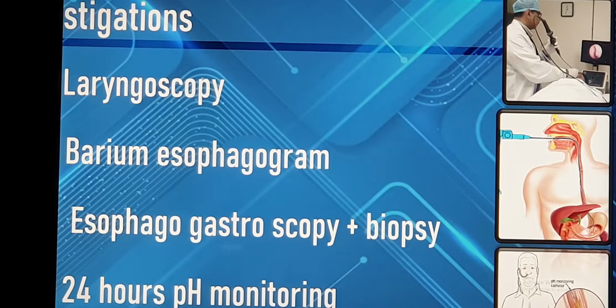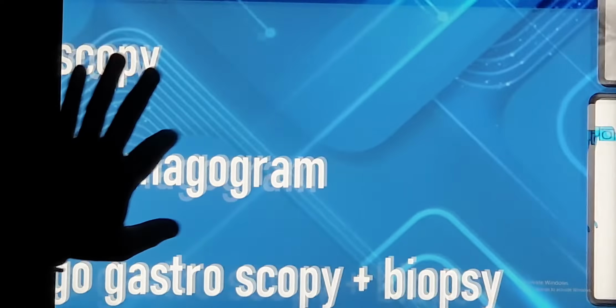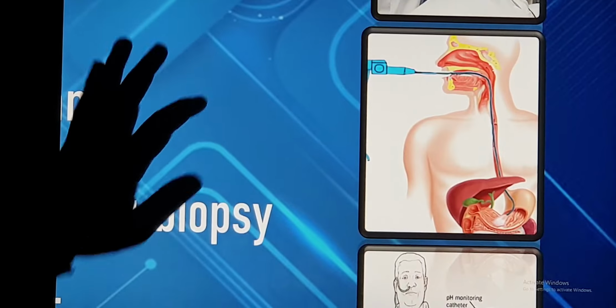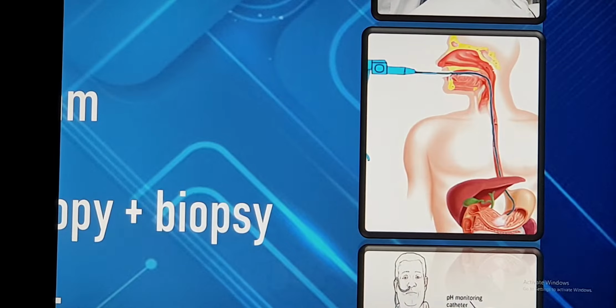So, after this investigation and giving a trial run of medication, suppose the patient has not improved, we will refer the patient to a gastroenterologist. They will do a gastroscopy, which is a daycare procedure, and they will give a slight sedative.